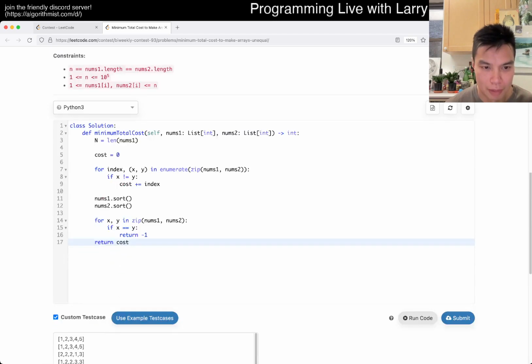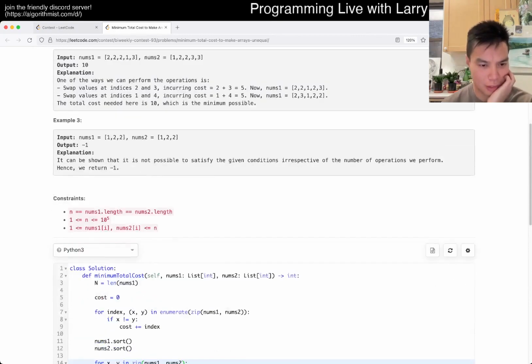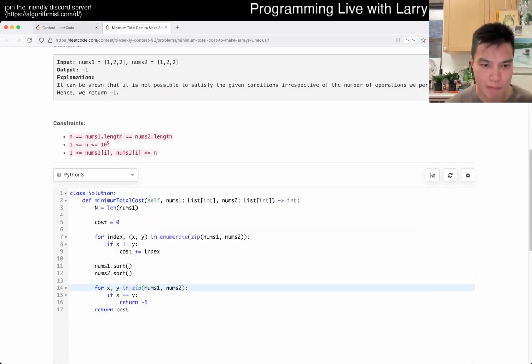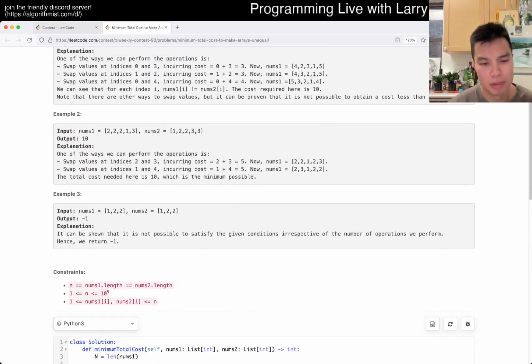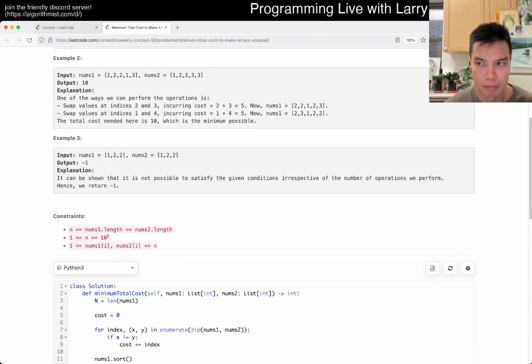Nope. I think it's something like this though. Basically, we want to check if it's possible. If it's possible, then it's going to be that. If it's not possible, then how do we check if it's not possible? Maybe that's why I got so fast.